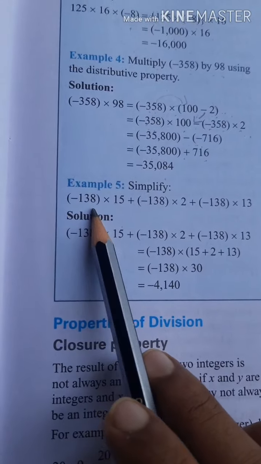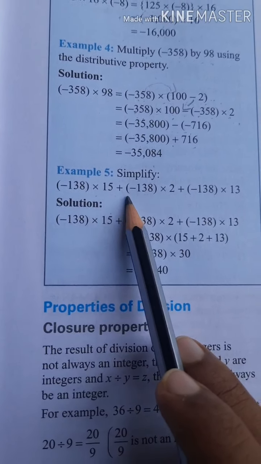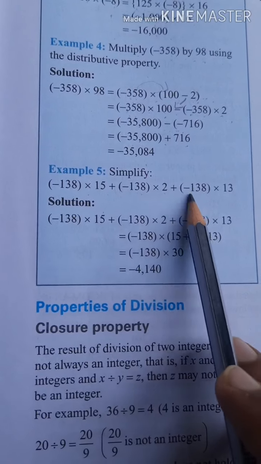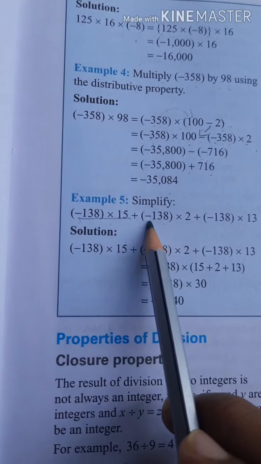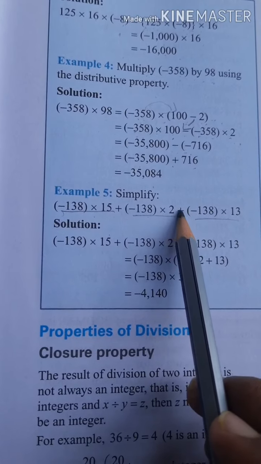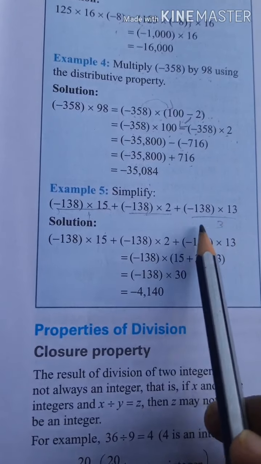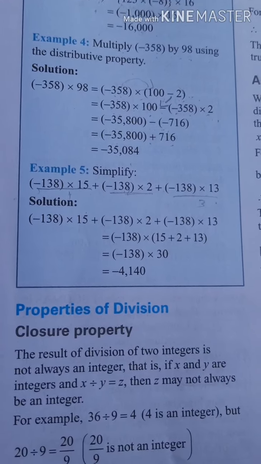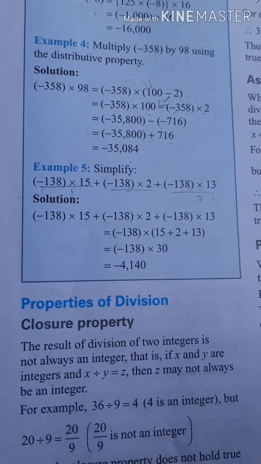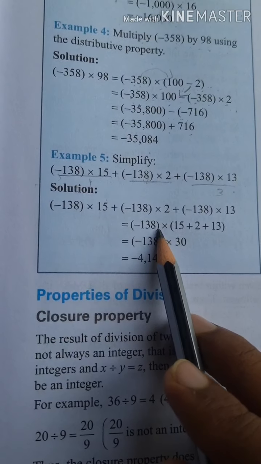This is one kind. Here this is another kind. Simplify. Here you have to read the question properly. Minus 138 into 15 plus minus 138 into 2 plus minus 138 into 3. So this is one term, second term, third term. Whenever plus is there, the terms are separate. In all three terms, which number is common? Minus 138 is common. So I can take minus 138 outside.